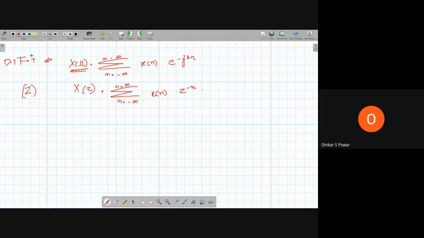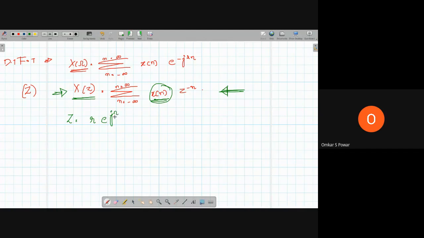This is the formula for your Z transform in order to convert your time domain x of n to your Z domain X of z. Here z is equal to r e power j omega.